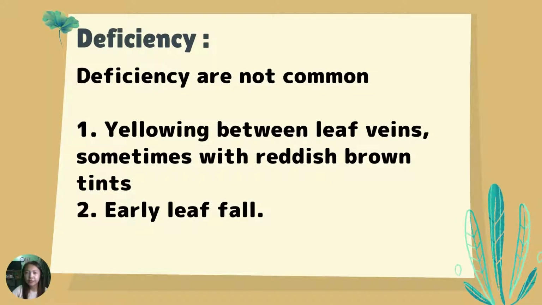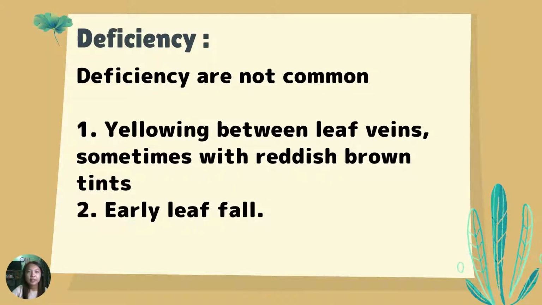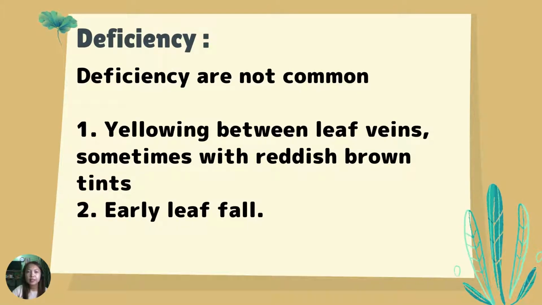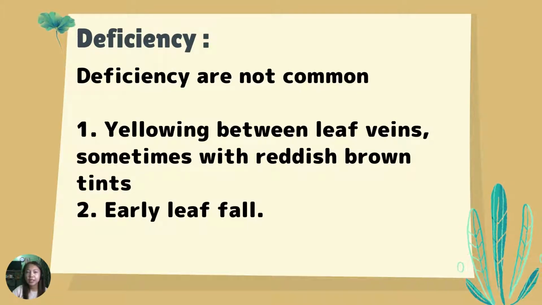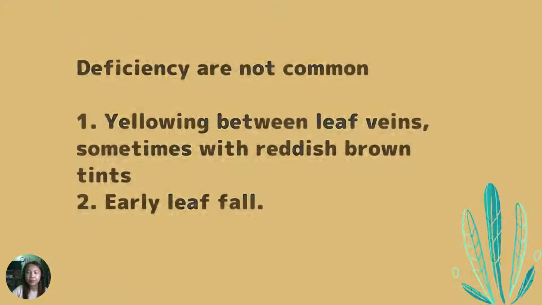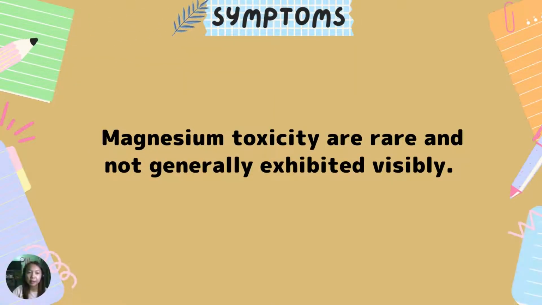The deficiency for this one is yellowing between leaf veins, sometimes with reddish-brown tints, and early leaf fall. So the plant is not as sturdy compared to other plants. The symptoms to observe are the following. Magnesium toxicity is rare and not generally exhibited visibly. Unlike the symptoms of other elements, this one for magnesium is not that observable.